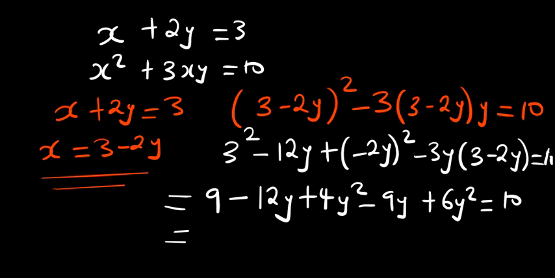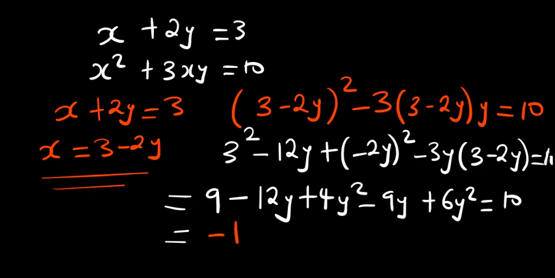So now from here, what I've got are numbers. Okay, I can bring the 10 to the other side. When it comes to the other side, it's going to be 9 minus 10. 9 minus 10, that will give us a negative 1. So I can put the negative 1 in advance.